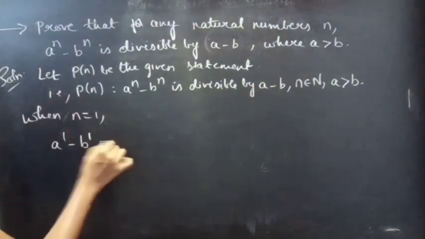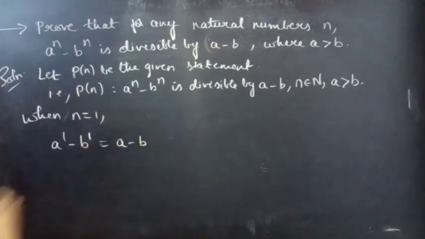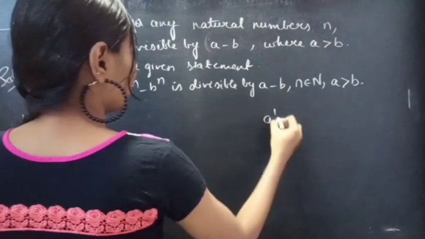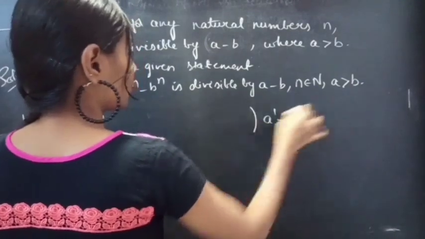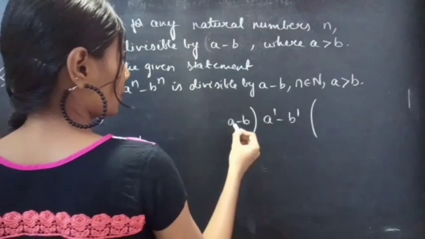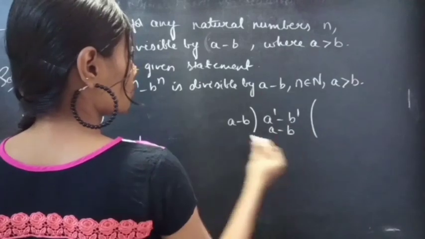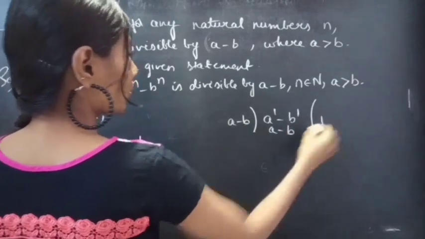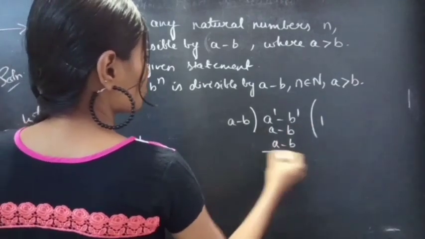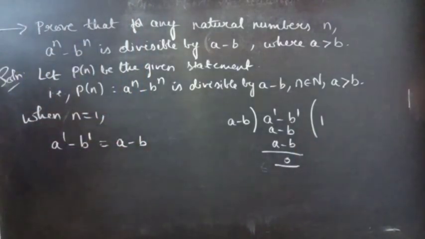Okay. So a power 1 minus b power 1 is a minus b, right. A power 1 minus b power 1 is divisible by a minus b, since a power 1 minus b power 1 is a minus b, and a minus b into 1 is a minus b. So from this we'll get remainder 0.